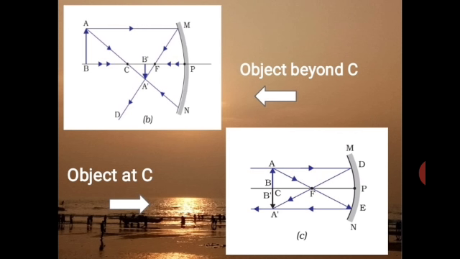This is shown by the ray MD. The other ray that we have drawn here is the one passing through the center of curvature. Any light ray passing through the center of curvature always retraces its path. Thus, the ray AC meets the mirror at point N and goes back along the same path.